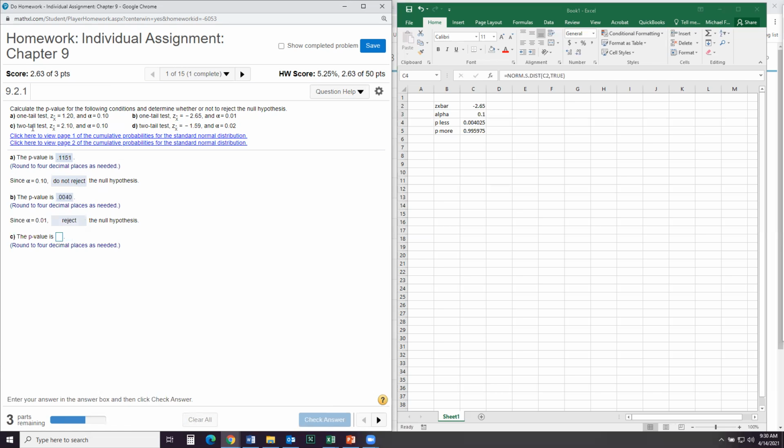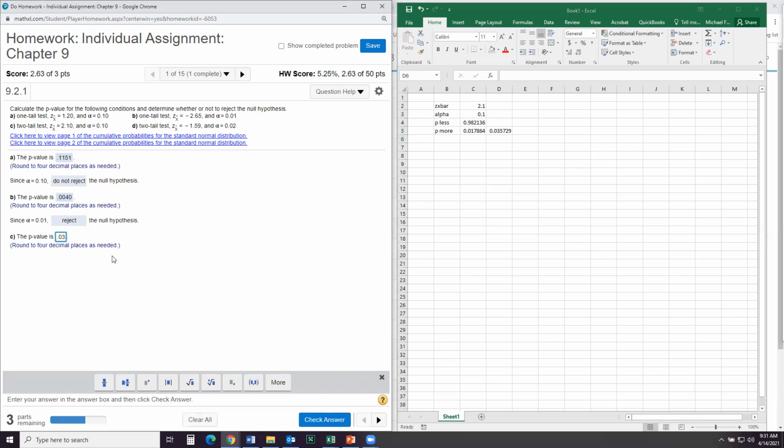On these next ones, they're two-tailed tests. The only thing we're going to do different is I'll still put in my z of x bar, 2.1 on letter C. This is the probability if there was only one tail that we were looking at, so we're just going to multiply that by 2, and that's going to be our p-value.